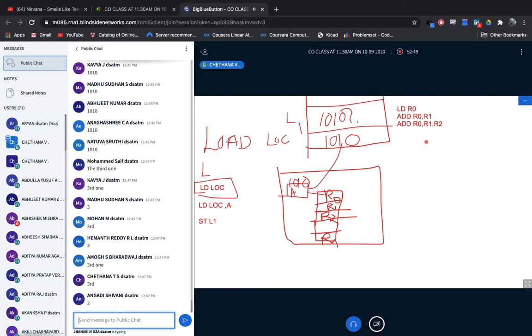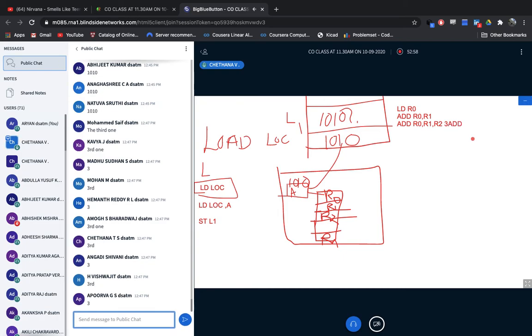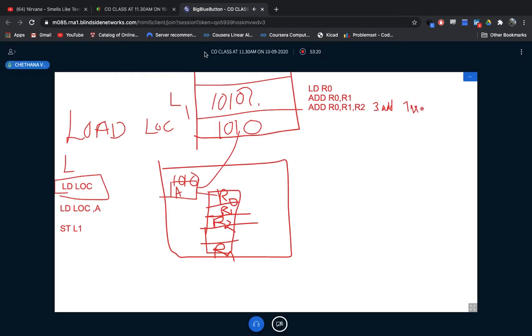Suppose I require two locations. That means 2 address or 2 location instruction. So I can write here: this is a 3 address instruction. ADD R0, R1, R2 is a 3 address instruction.